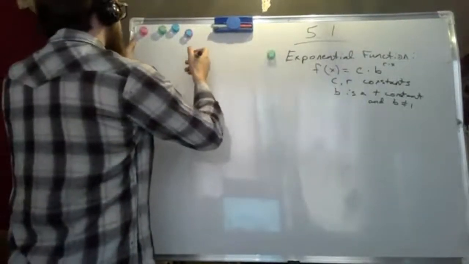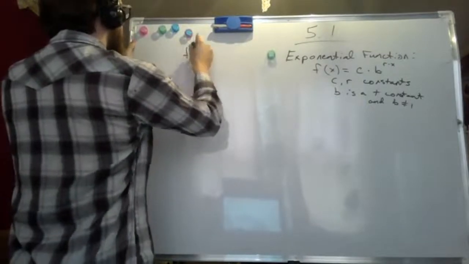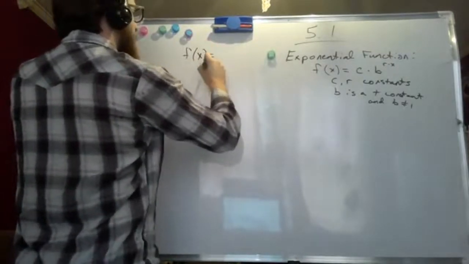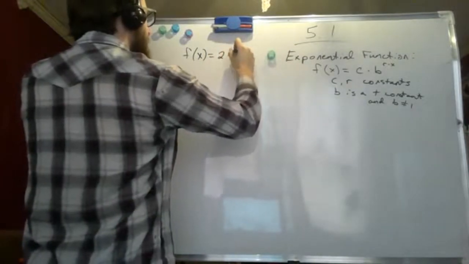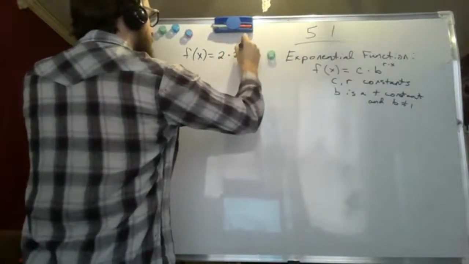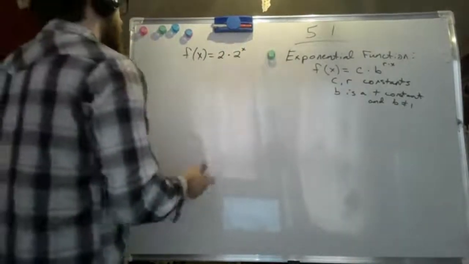Well, in general, if you have the function, let's say, f of x equals 2 times 2 to the x, what does this look like?